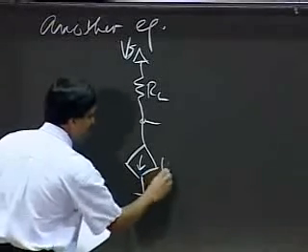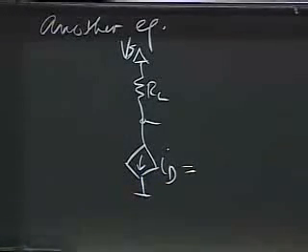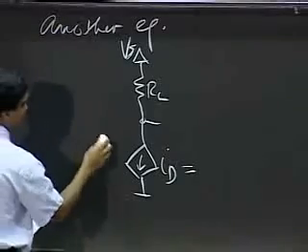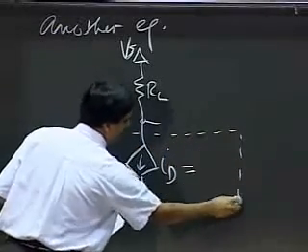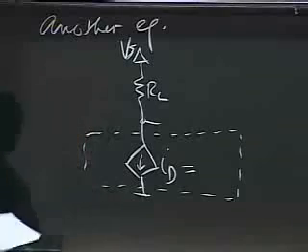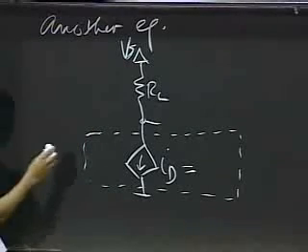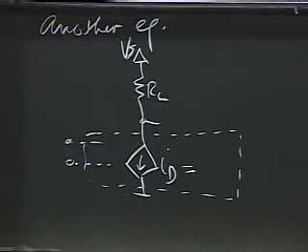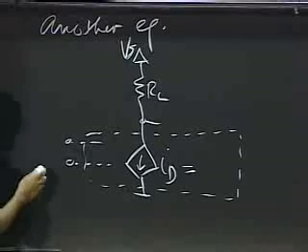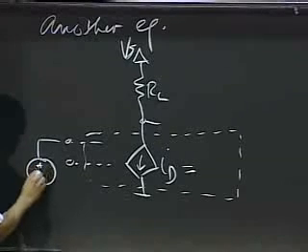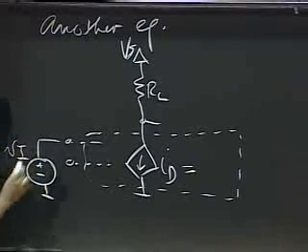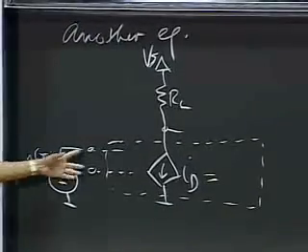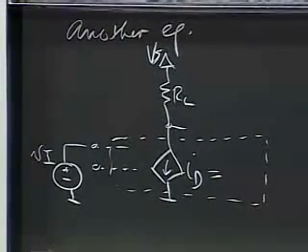Okay? And let us say the current ID through the device is some function of the voltage at its control port. Okay, so I'm not going to show you that. But remember that the device really looks like this, that there is a control port here. I'm not showing that to you. And let us say that I apply some voltage Vi to the input port.